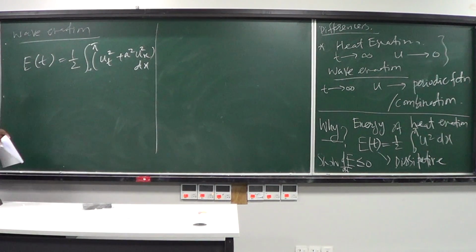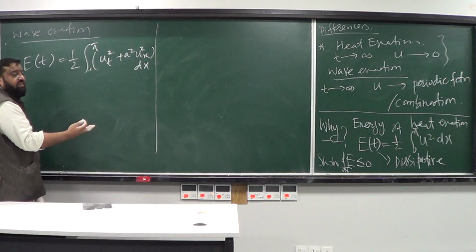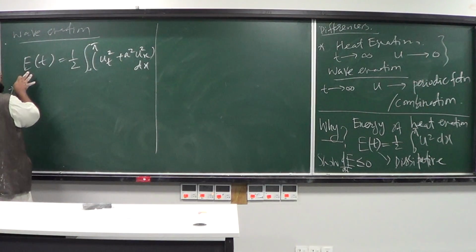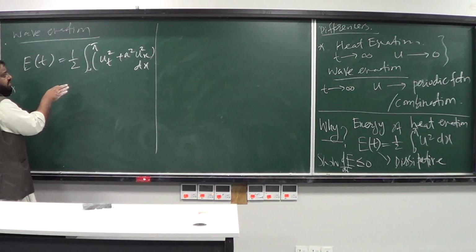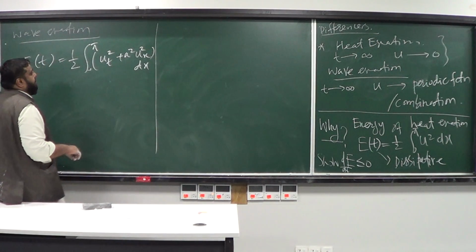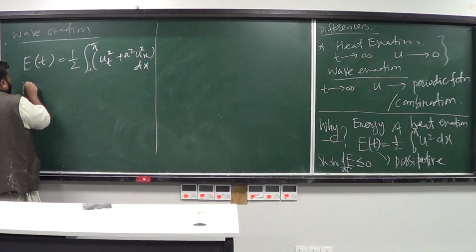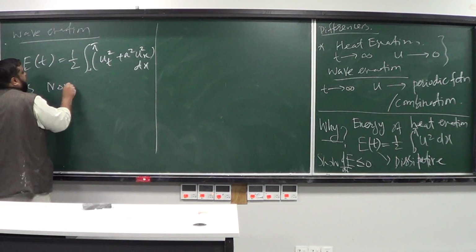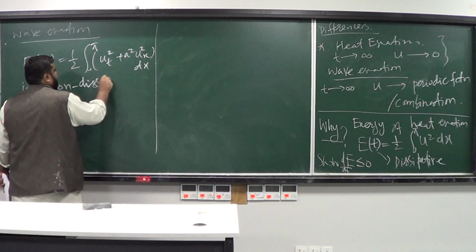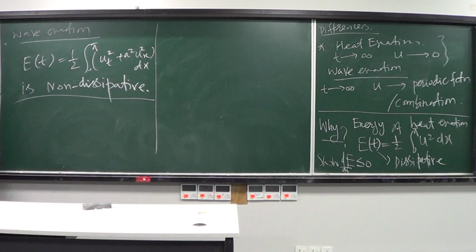Okay, so this is the energy for the wave equation. What we can prove is that this energy is non-dissipative. It is always non-negative and a fixed constant. So this E is non-dissipative.